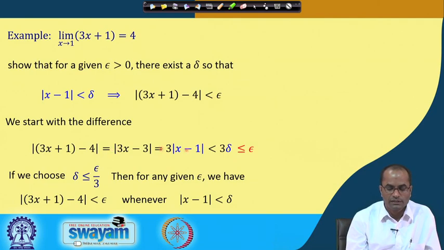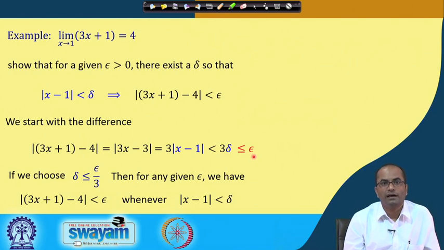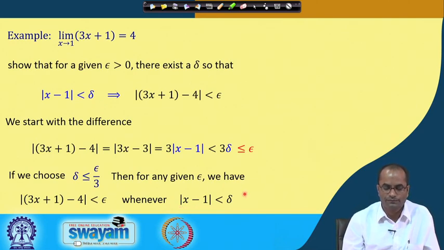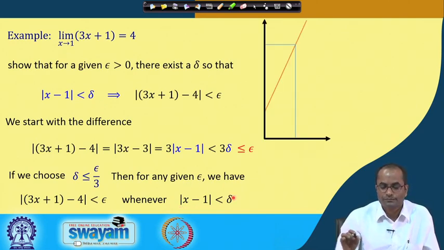Because of this relation, we can choose delta less than epsilon by 3, and then this difference will become less than epsilon for all x from the delta neighborhood of 1.